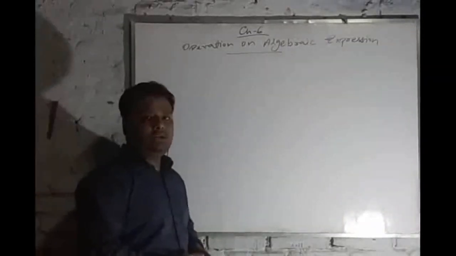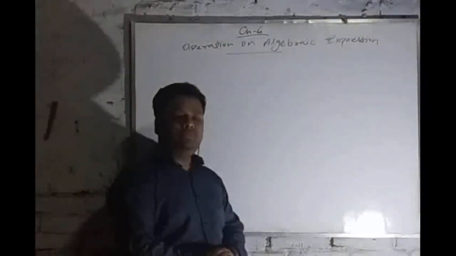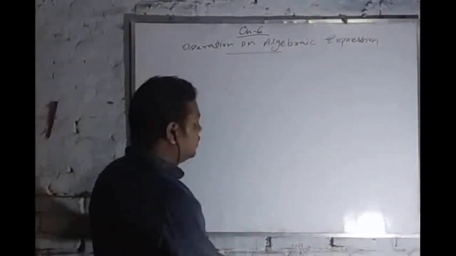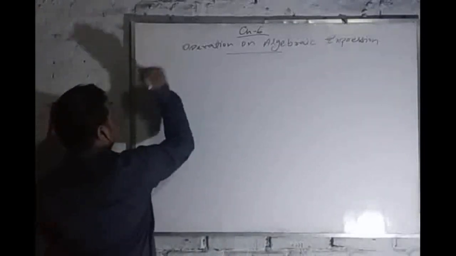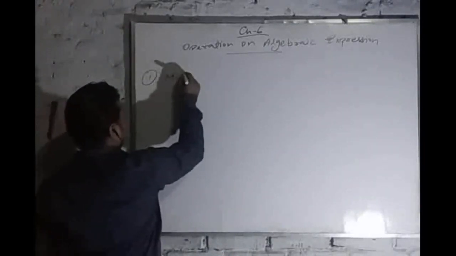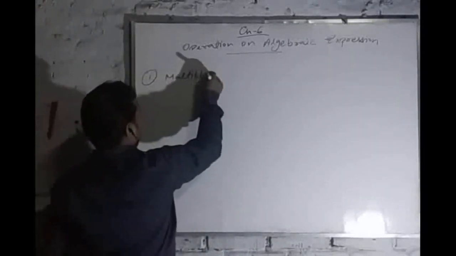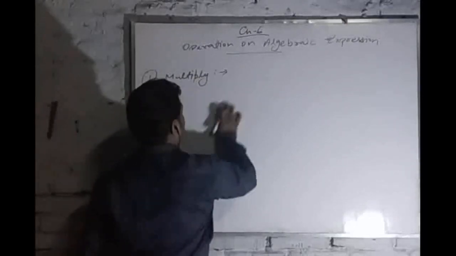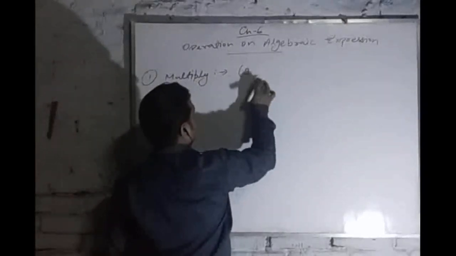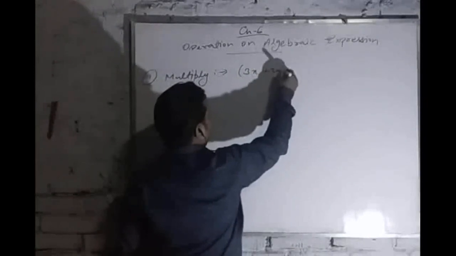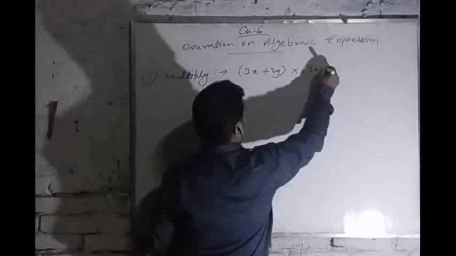Now students, let's see how to use identities. If the question is that multiply 3x plus 2y into 3x minus 2y.